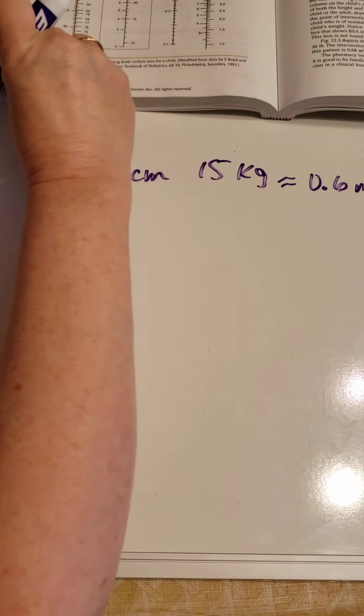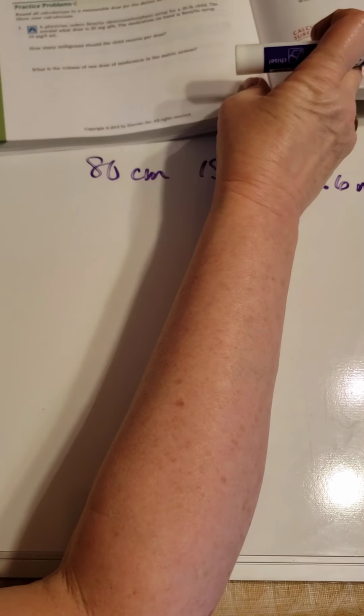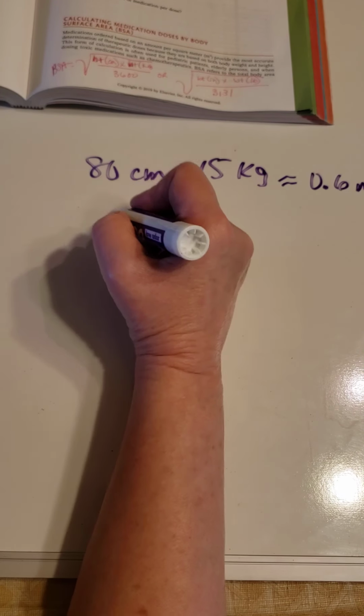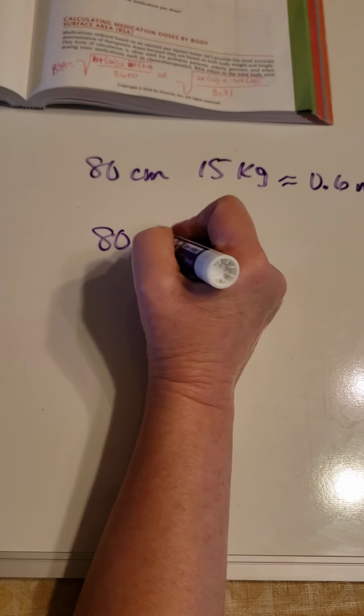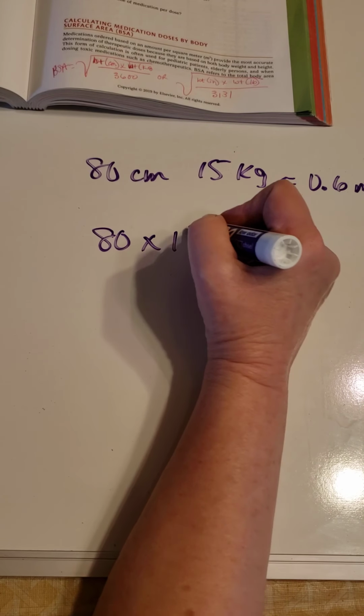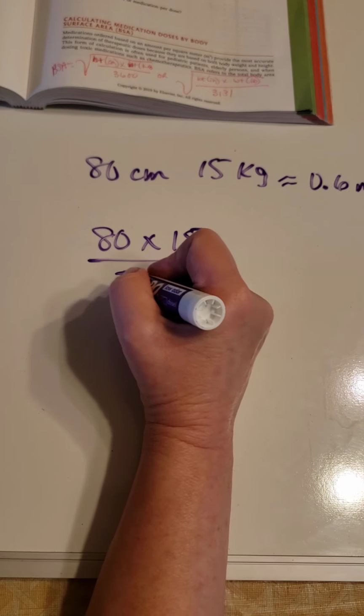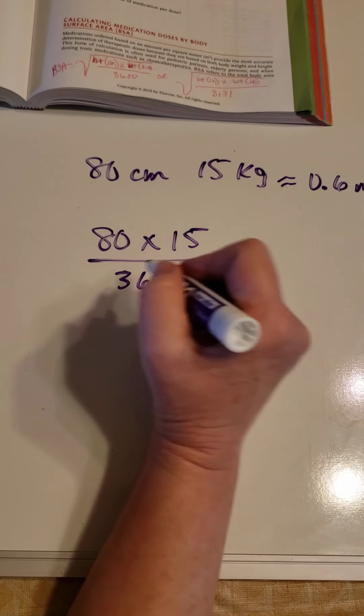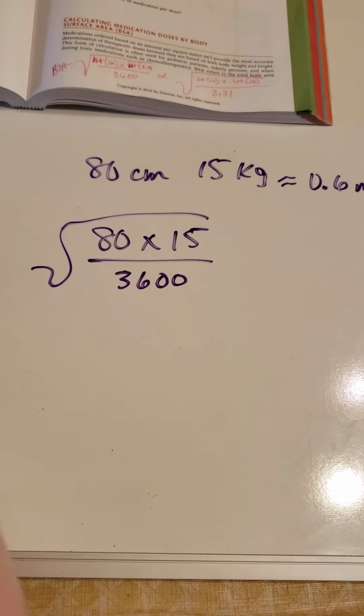So if we plug that into our math equation for centimeters and kilograms, it's going to be the height in centimeters, which is 80, times their weight in kilograms, which is 15, divided by 3,600 instead of 31, because this is a metric one now. And then we'll take the square root of that.